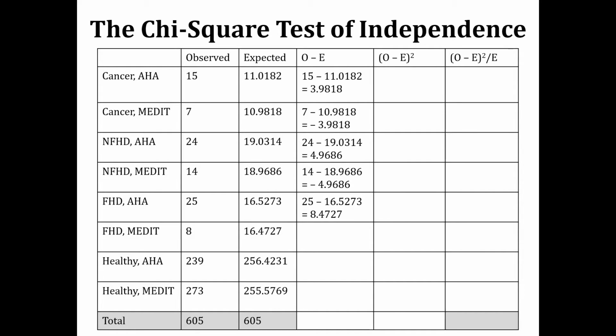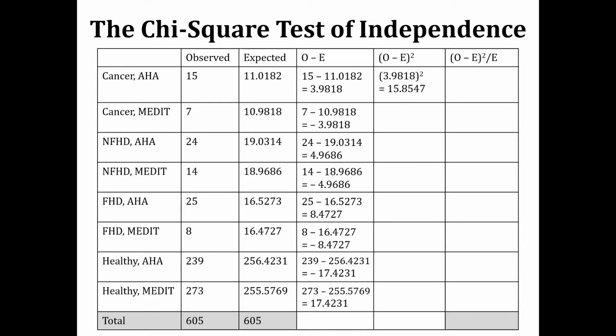The difference between the observed and expected frequency is 8.4727, and then the difference for the next cell is minus 8.4727, and the difference in the observed and expected frequency of the last two cells of the healthy individuals is 17.4231. So this is how we calculate the difference between observed and expected frequencies.